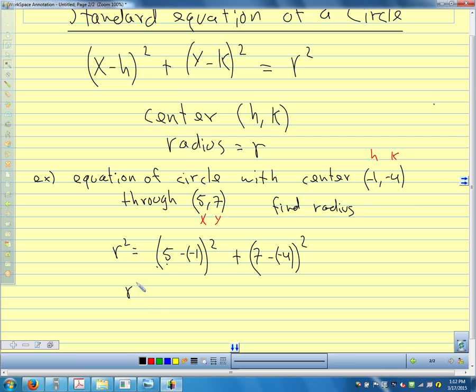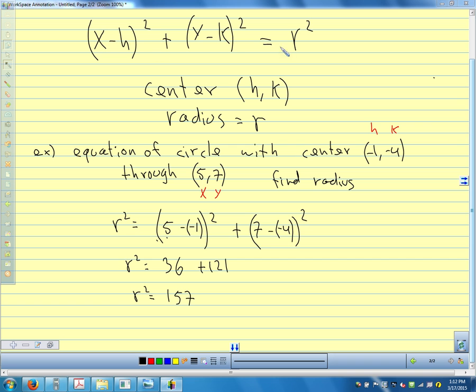So r squared equals 5 minus -1 is 6, so we get 36, and 7 minus -4 is 11 squared. 36 plus 121. So r squared is 157. And that's what we need for our equation.